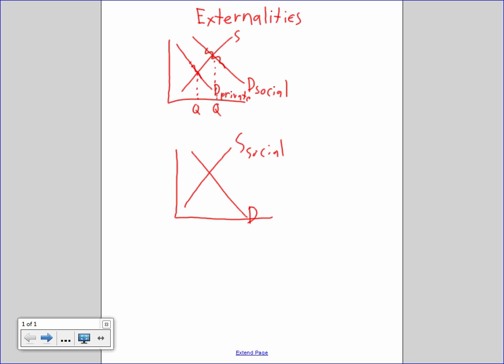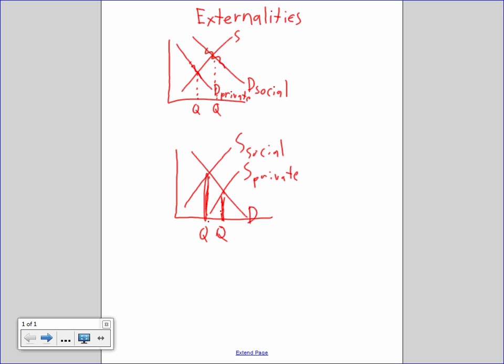That's for society, and your private is right here. So basically, all of the costs to society aren't captured in the private supply curve. So you're going to be producing more than what should be produced. You should be producing at this quantity here, but you're going to be producing at this quantity instead.